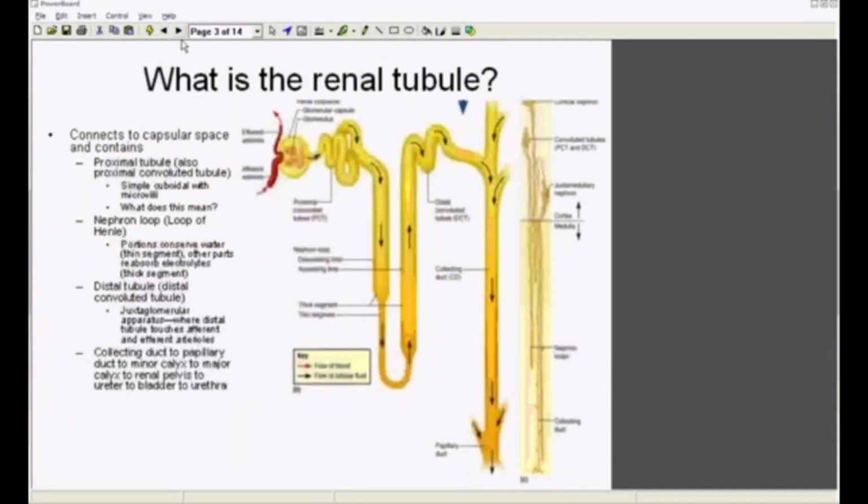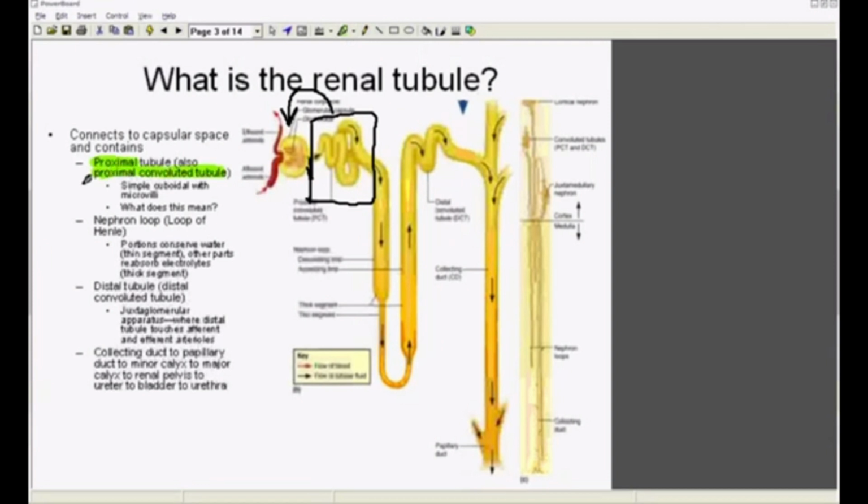Now let's take a look at the renal tubule and see what pieces and parts constitute it. The first region of the renal tubule is very twisted and turned. Another word for having a very twisty, turny tubule is being convoluted. And because this series of twisty tubes is located very near to the glomerular capsule, we call this the proximal, meaning near to, convoluted tubule.